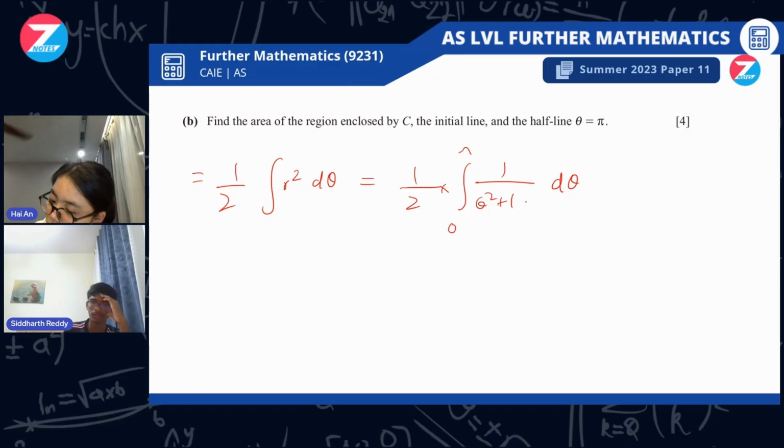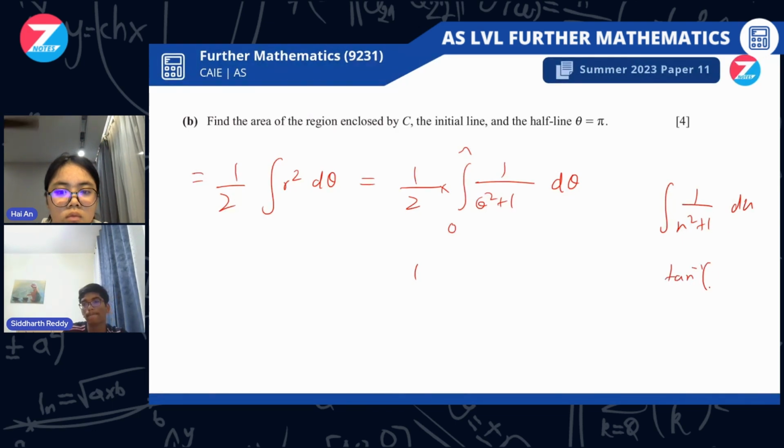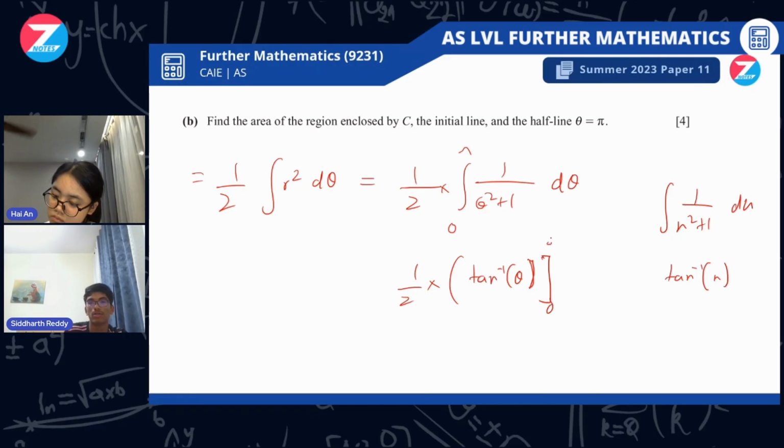Okay, so checking the formula sheet, the integral of 1 by x squared plus 1 dx is just equal to tan inverse of x. So this becomes half times tan inverse of theta from 0 till pi.